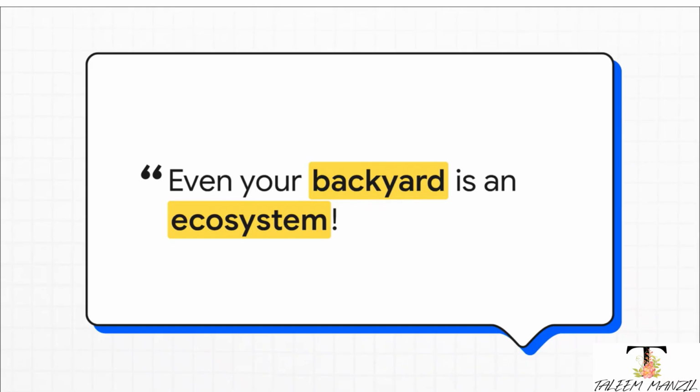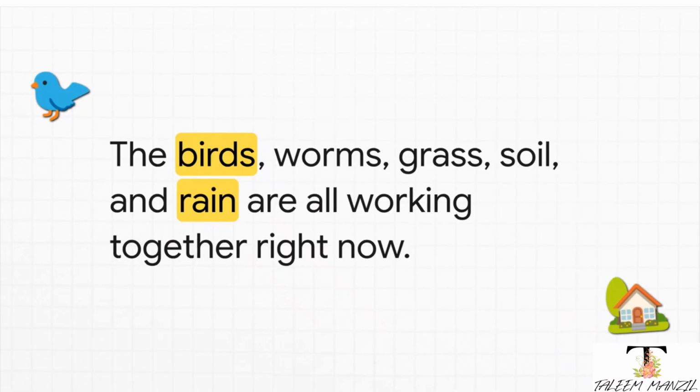And this is the part that brings this huge, global concept right to your doorstep. Because maybe the most relatable ecosystem of all is just a few steps away. Yep, that's right. Even your own backyard is a fully functioning ecosystem. Seriously, think about it. The birds and the worms, they're the consumers. The grass and the plants are the producers. And the soil and the rain, that's the non-living, abiotic infrastructure.